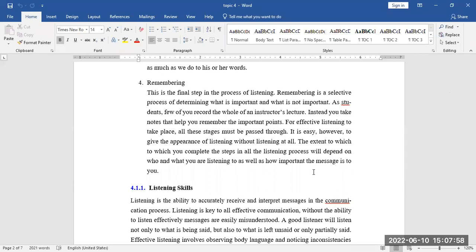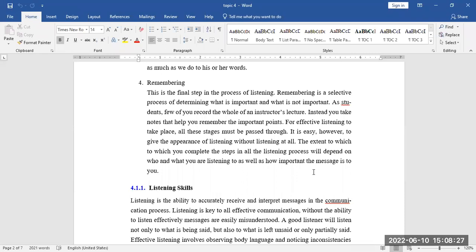There are those who are writing short notes, well and good, but there are those who are not writing anything. And these people who are writing short notes, they are not writing everything that I'm saying. So in other words, as students, few of you record the whole of a lecture. Instead, you take notes that help you remember what has been taught.